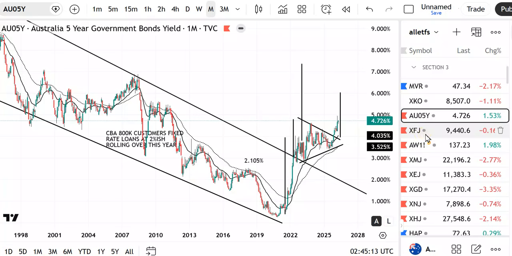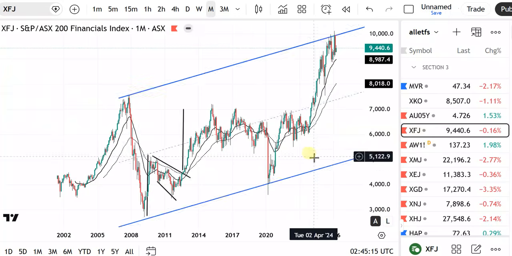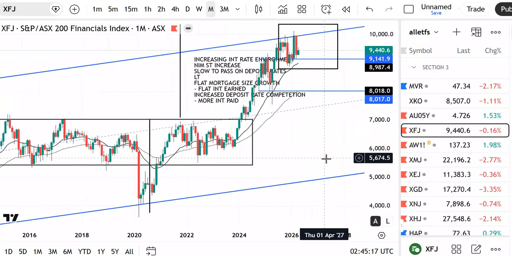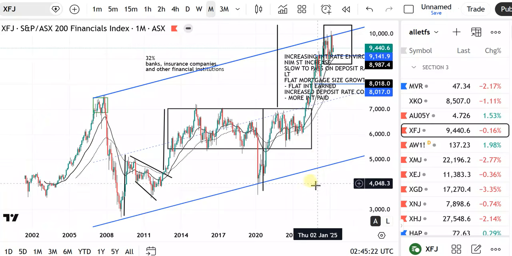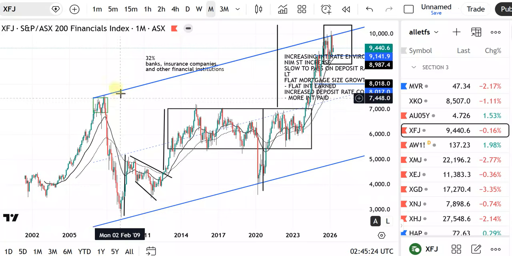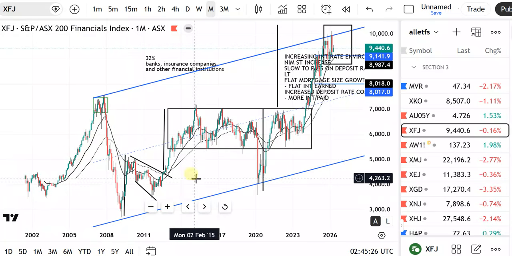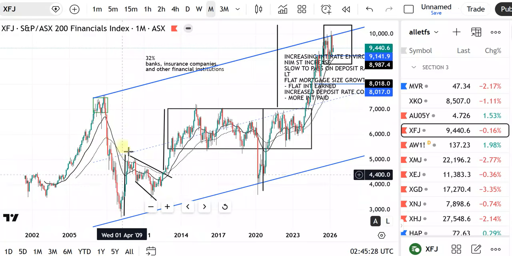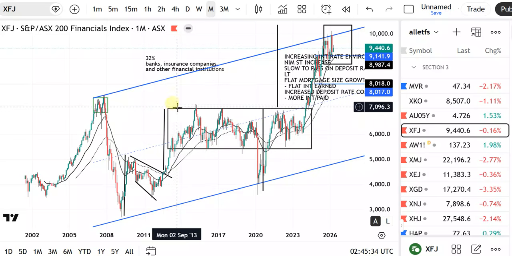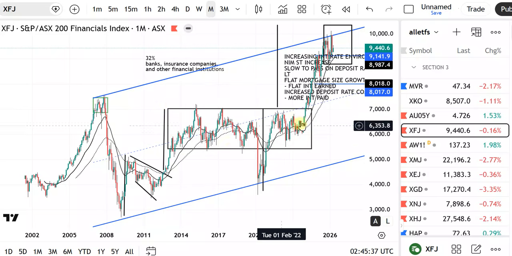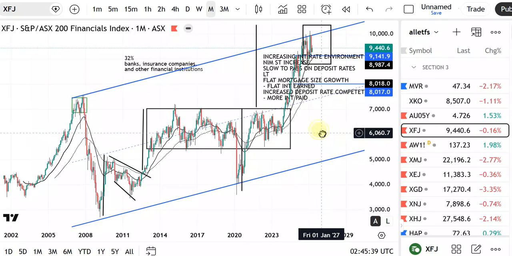So that's a big driver of this. This is the XFJ, the banks. I had a similar thing you can see there. This is our bull flag. There's the flagpole, breakout projection, target hit, and then we just went sideways.